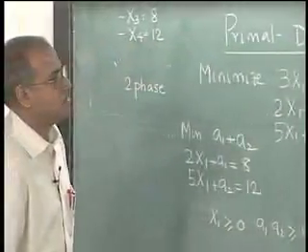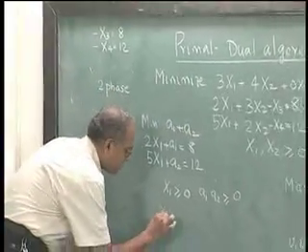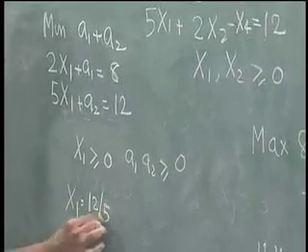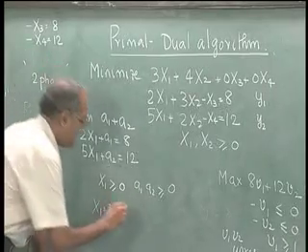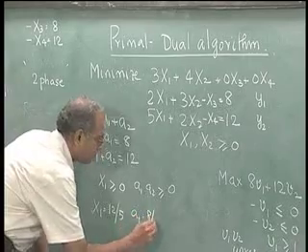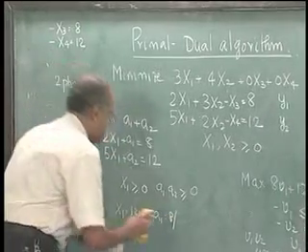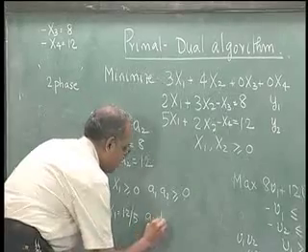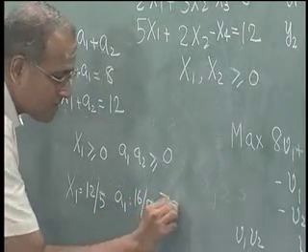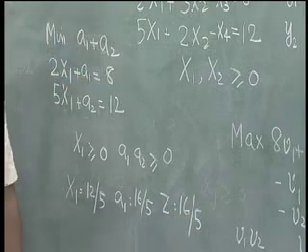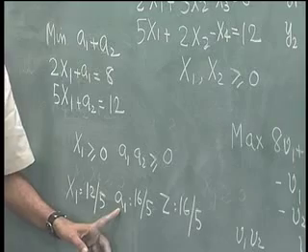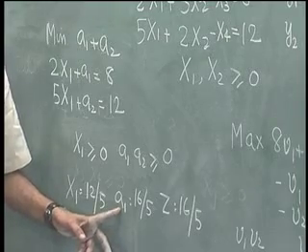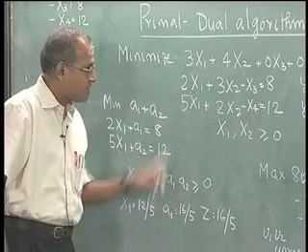So the solution here is x1 is equal to 12 by 5, a1 is equal to 8 by 5, a1 is equal to 16 by 5, and z is equal to 16 by 5. Now the restricted primal has an optimum solution with an artificial variable still in the basis, and therefore the solution to the restricted primal is not feasible to this.